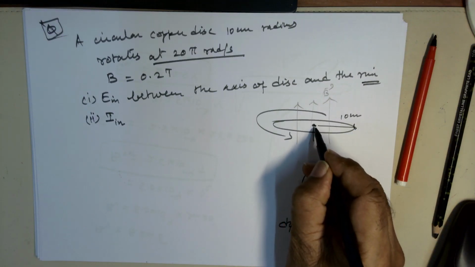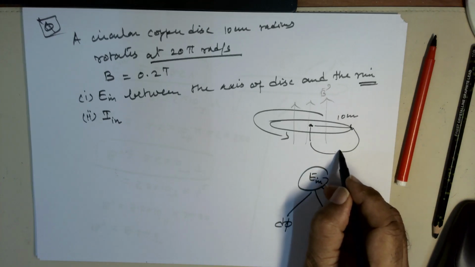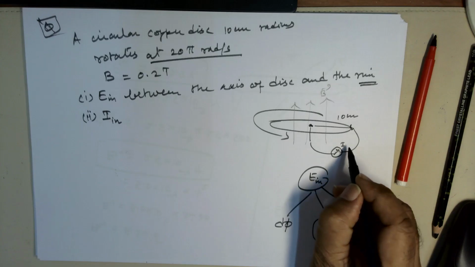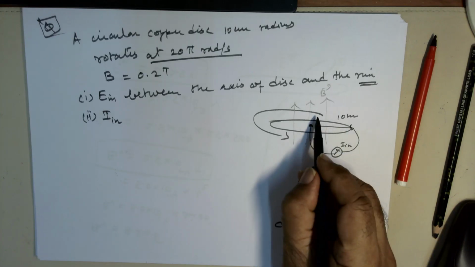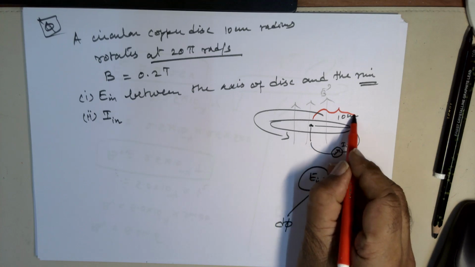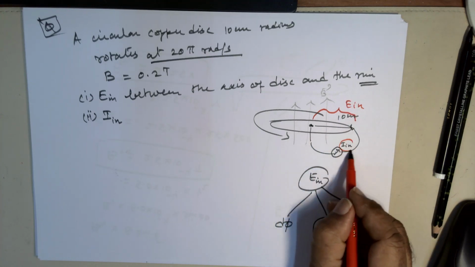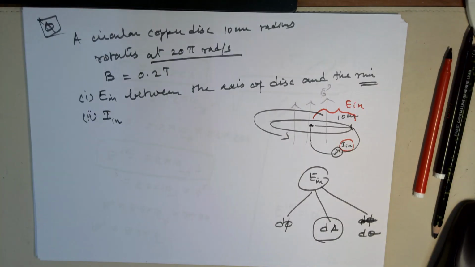They have connected a wire like this, and we are going to study the current passing through this. Here we are going to find the potential across this, so E_IN and I_IN should be formed.